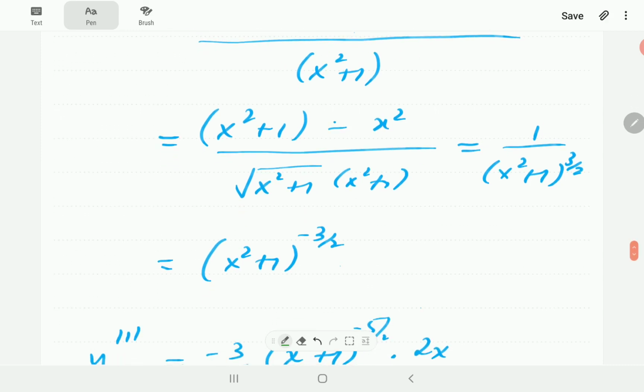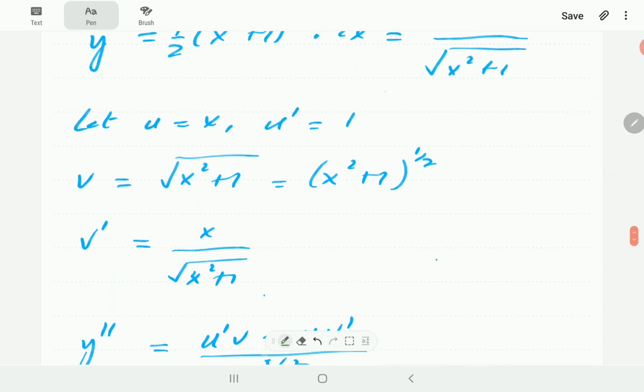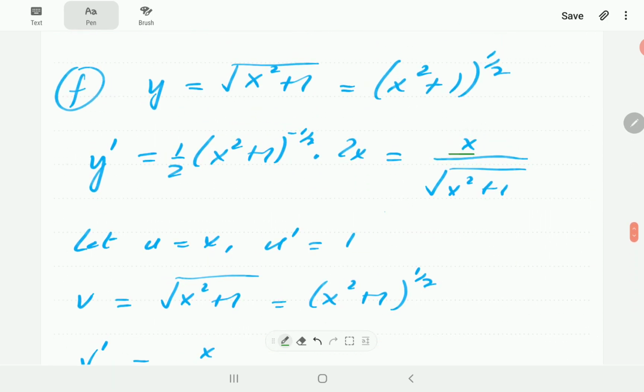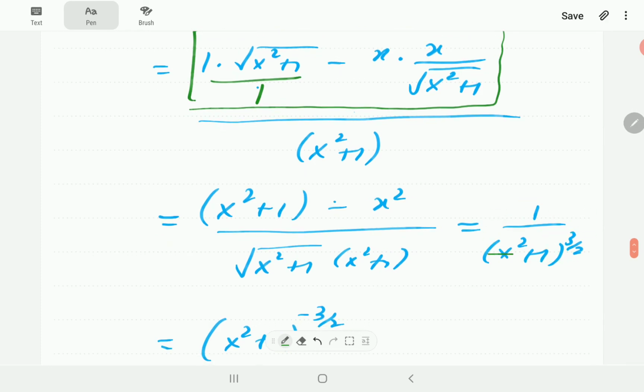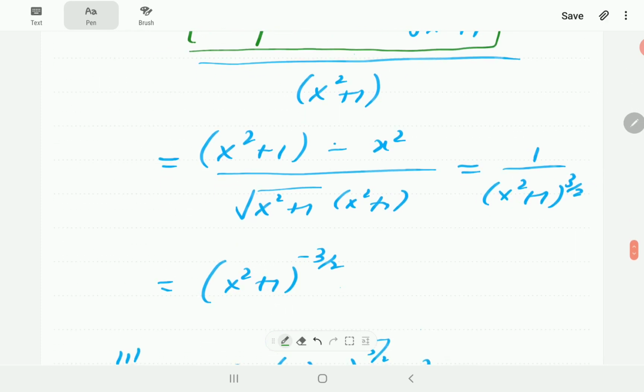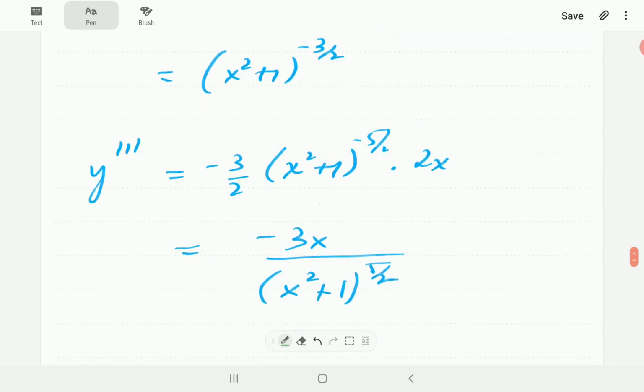So now, since there is no x in the numerator, unlike what was the case there, if we have to differentiate this again, we don't need to use the quotient rule because there is no x there. So we just write it like this and use the chain rule, and that's going to be much quicker and more efficient than if we had used the quotient rule.